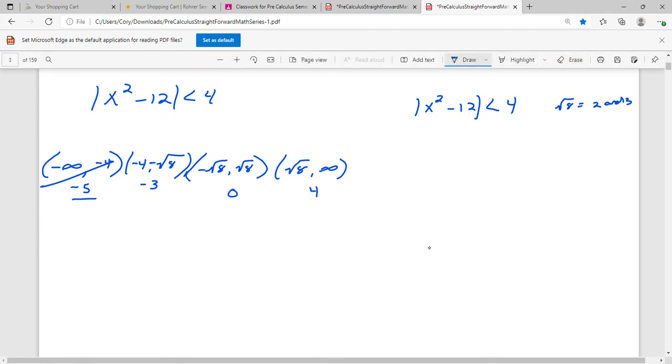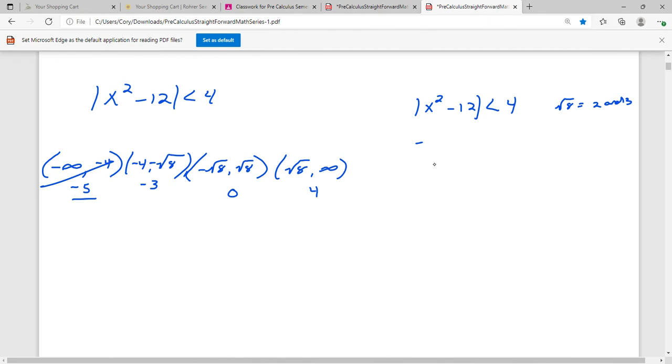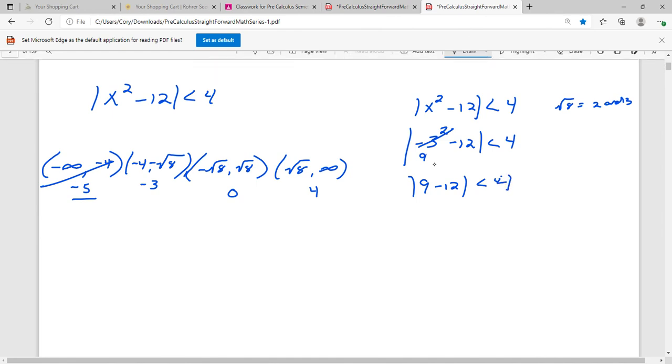This one I'm going to use -3. So -3 squared minus 12 is less than 4. -3 squared would be 9, because -3 times -3 makes positive 9, minus 12 is less than 4. 9 minus 12 would be -3. -3 is less than 4?